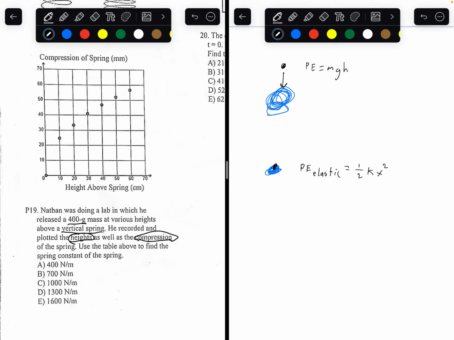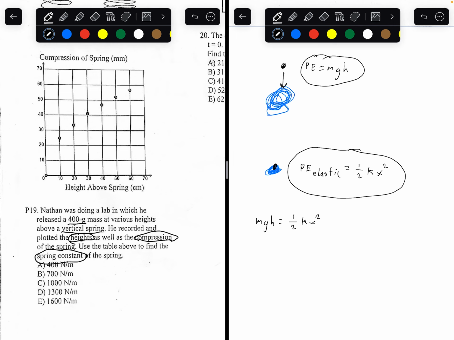Since the law of conservation of energy says that the total energy before equals the total energy after, and gravitational potential energy is the only thing before, and elastic energy is the only thing after, you could say mgh equals 1/2 kx squared. With this in mind, you want to solve for the spring constant, so you want to solve for k. Get k to one side. So 2mgh over x squared equals k.